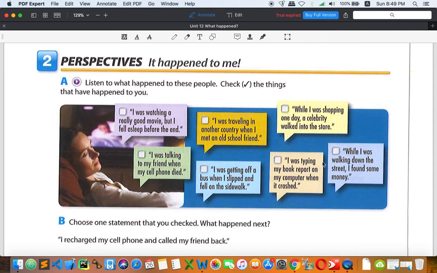While I was walking down the street, I found some money. Yes, absolutely. It happened to me several times, when I walked and found a wallet with some money, and just only some money. It happened to me many times, not several times. Even at school, at PUC, it happened to me as well.